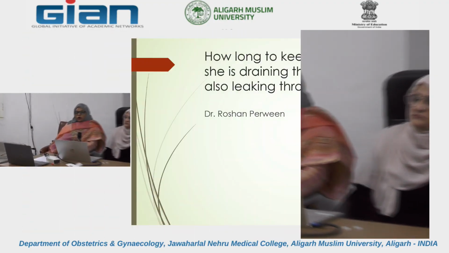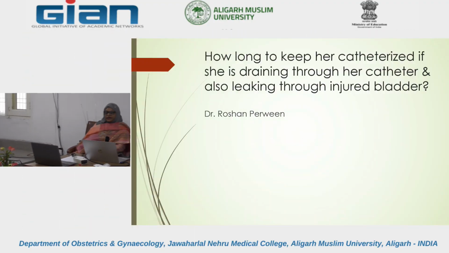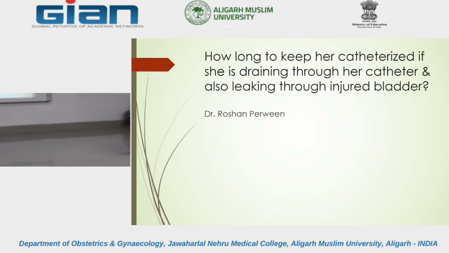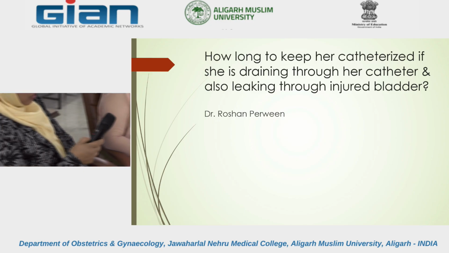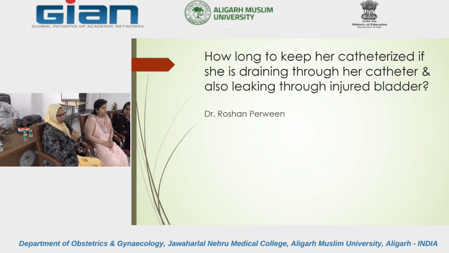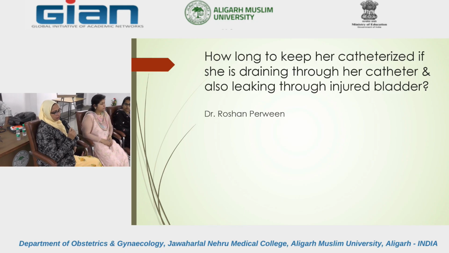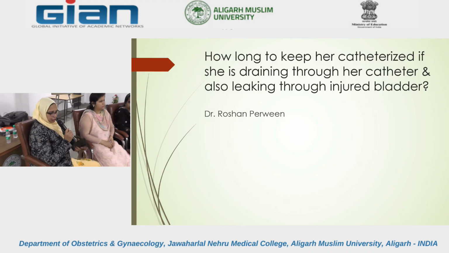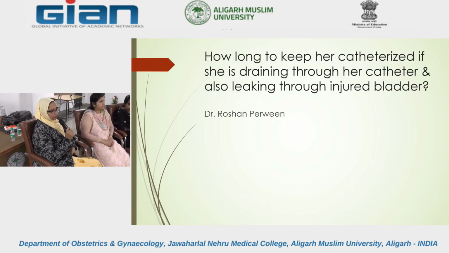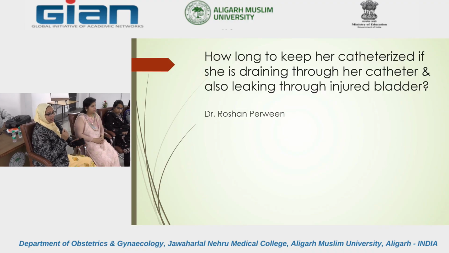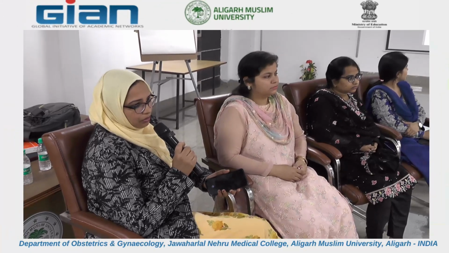Dr. Roshan, how long to keep her catheterized if she is draining through her catheter and also leaking through the injured bladder? To put the catheter for around 4 to 6 weeks, minimum of 4 to 6 weeks, for the entire tissue to get a little better, to reduce the inflammation and infection, to make the fistula a little healthier, and to build up the patient's nutritional status so that she's prepared for a better surgery later on.